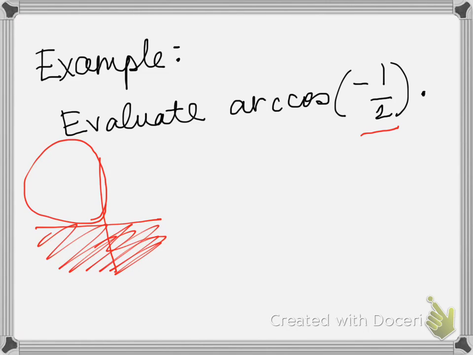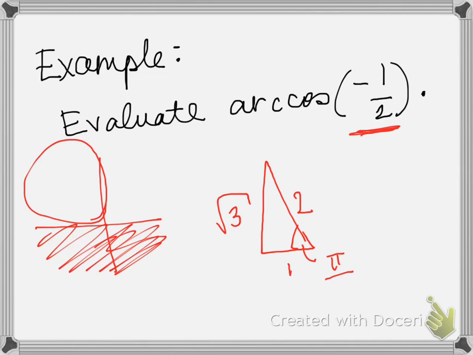Okay, so you might recognize this number here as one of our special triangles. If you remember, I have a special triangle with sides 1, 2, and this third side is square root of 3. This angle here is pi over 3.